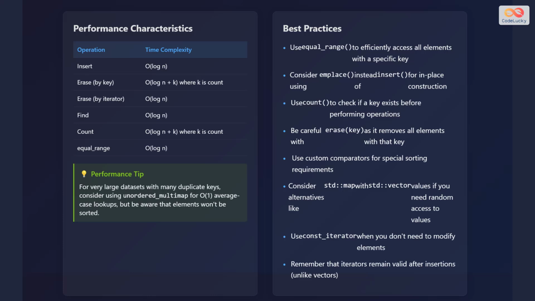Consider alternatives like std::map with std::vector values if you need random access to values. Use const_iterator when you don't need to modify elements. And remember that iterators remain valid after insertions, unlike vectors. For very large datasets with many duplicate keys, consider using unordered_multimap for O(1) average case lookups, but be aware that elements will not be sorted.